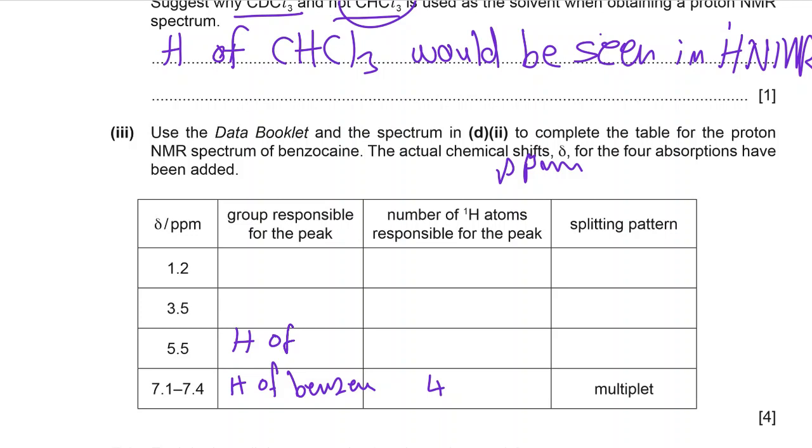So we have 2 hydrogens, and the shape is a singlet. NH2 or OH, they are always singlet, but for OH, 1 hydrogen is responsible. This one is a 2, that means here the integration for this one is 2H.